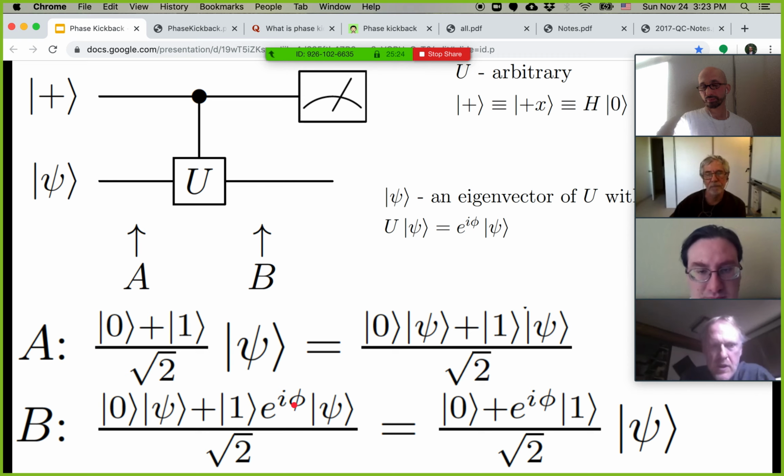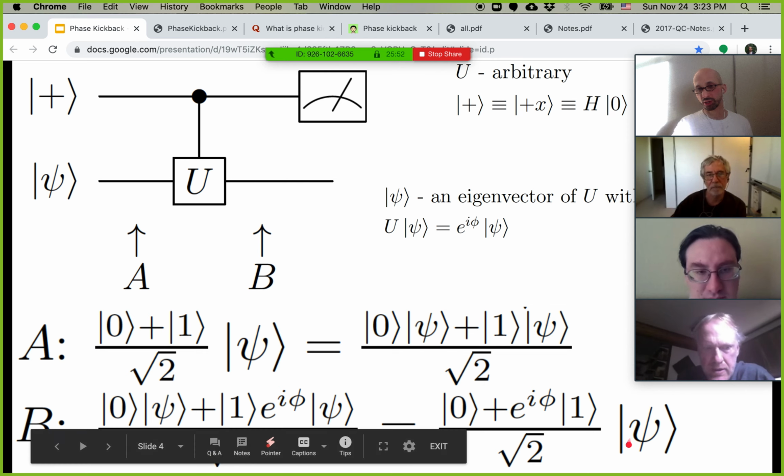So essentially, we can think about it as not modified.